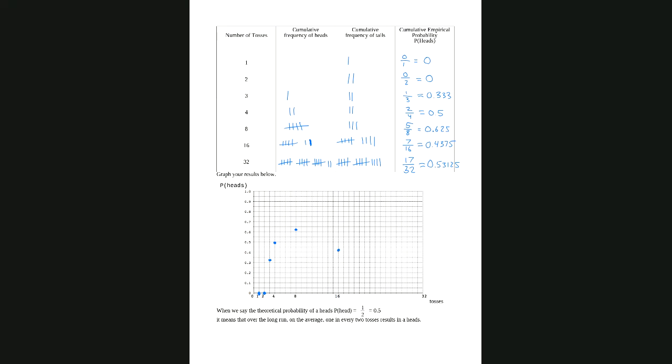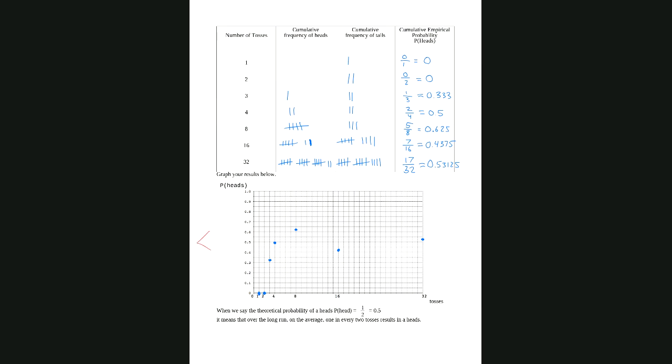And then finally, 0.53 for 32 tosses. Now, we want to see the trend over time. And not just that, but let's also plot what we know the theoretical probability to be. So we already, in the past, have calculated a theoretical probability for the coin toss.